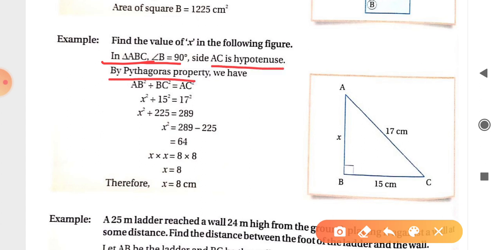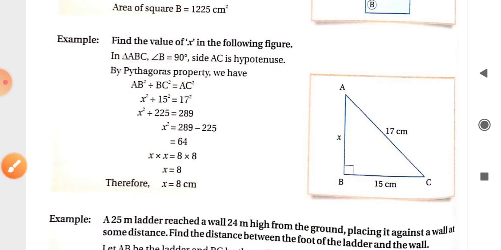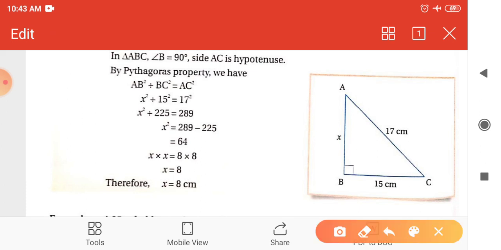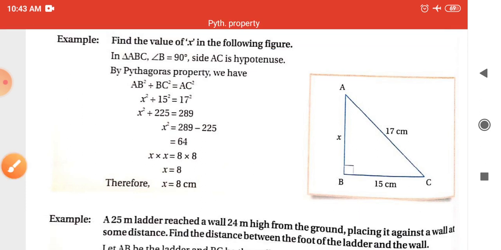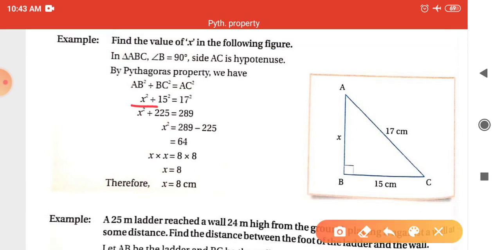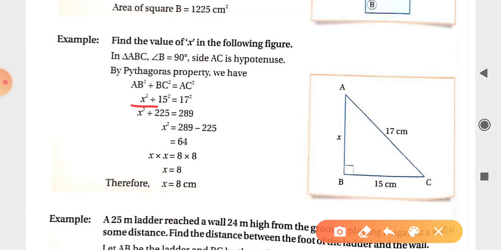Then by Pythagoras theorem, perpendicular square plus base square is equal to hypotenuse square, so AB square plus BC square is equal to AC square. Then put values: the value of AB is x, so x square plus BC, the value of BC is 15, 15 square is equal to AC square, and AC is 17.